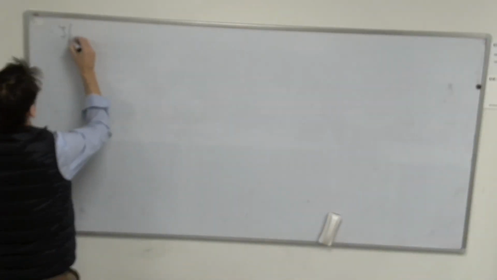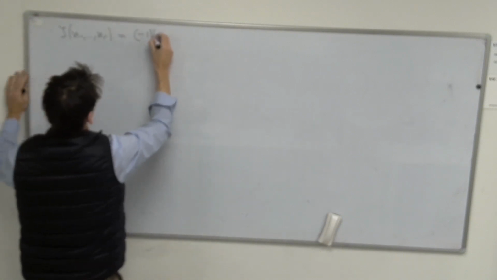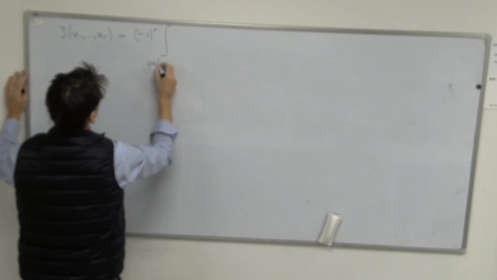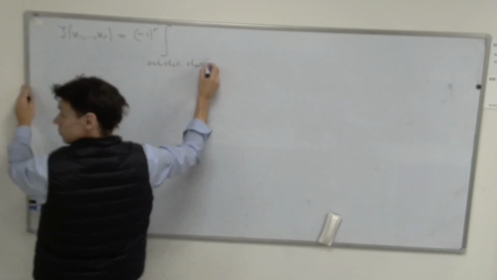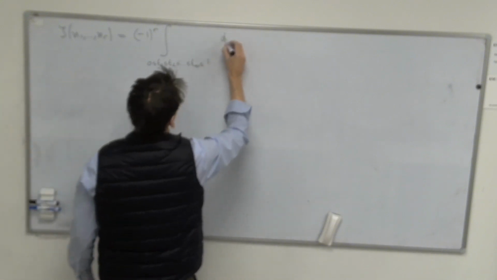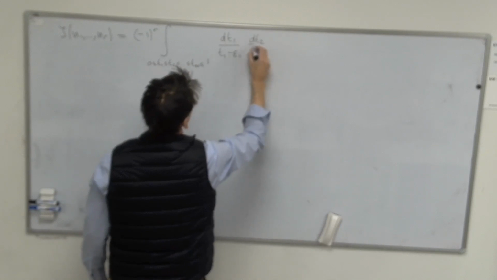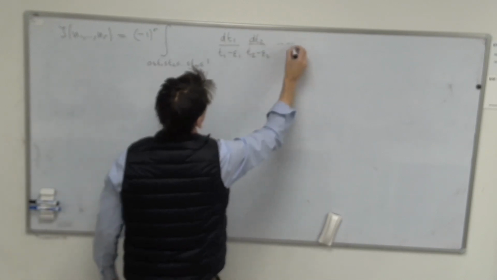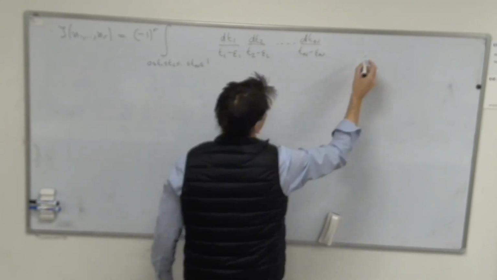And multiple zeta values are as well. So zeta of n1, n2, ..., nr is minus 1 to the r times an integral. Let me do it this way. So here n is the weight.